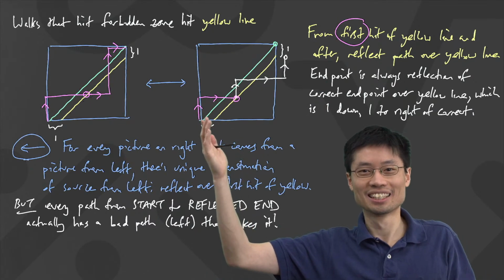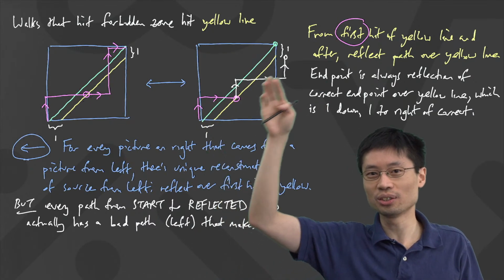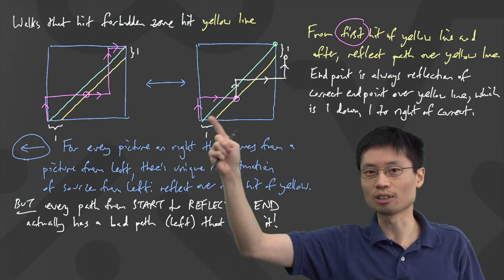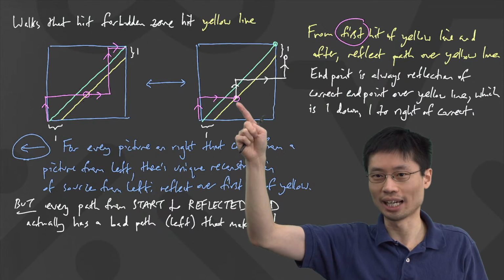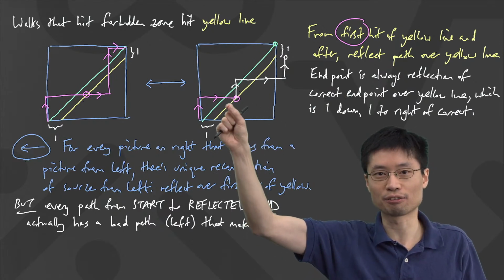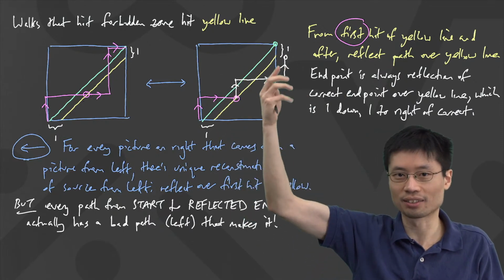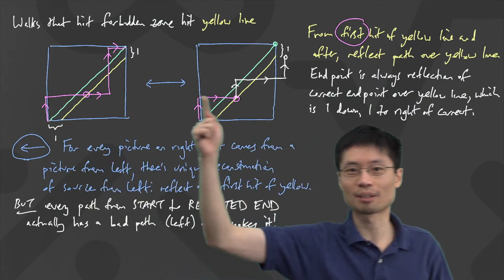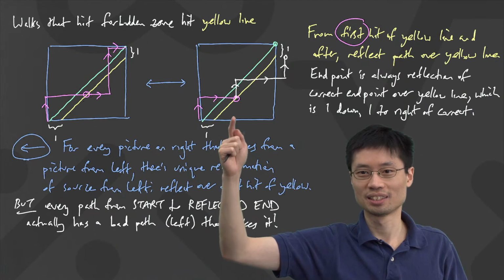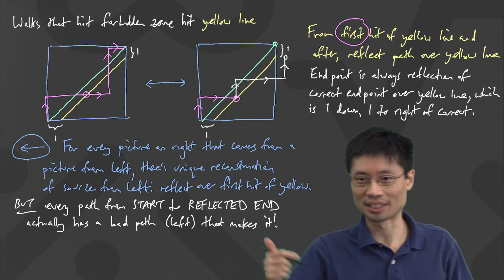You just can't. So the amazing thing is that with this new thing which we drew, every single path from the beginning to the reflected end crosses the yellow line. That means I just find the first such crossing and reflect the rest. That'll give me a picture here, and that one is the unique one that partners with it. That's this huge observation.